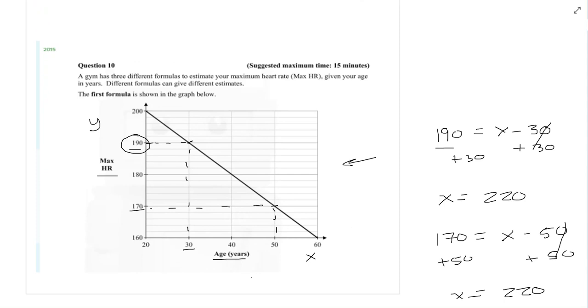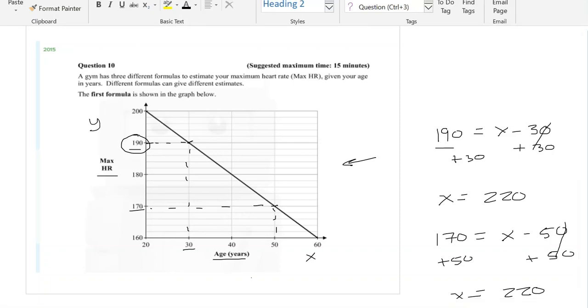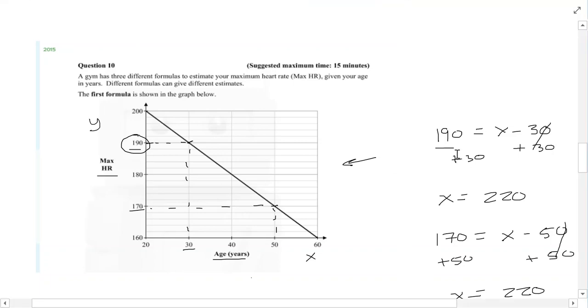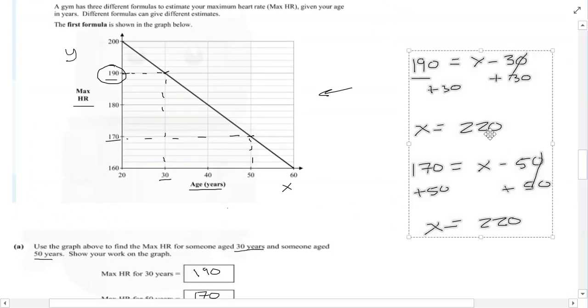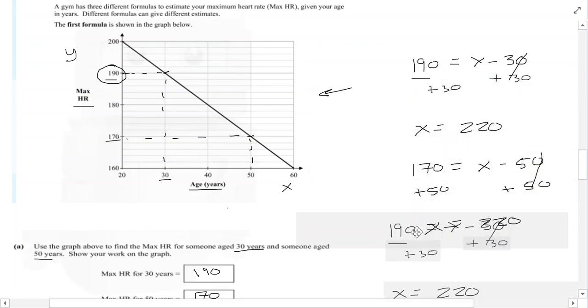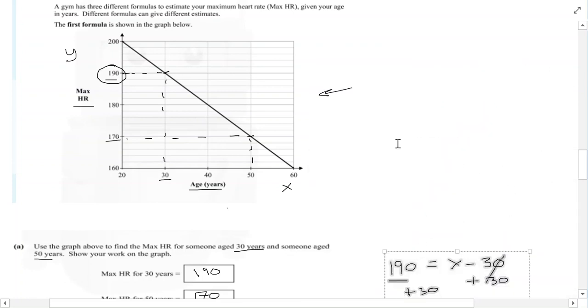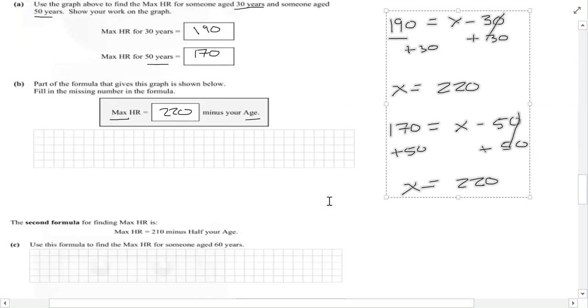So let me just bring these down here for you, so we can make a little bit more sense of it. Okay, so we can see here that this formula is what we're working on.